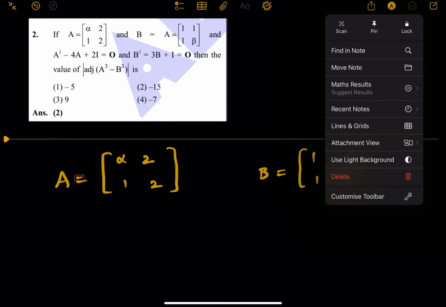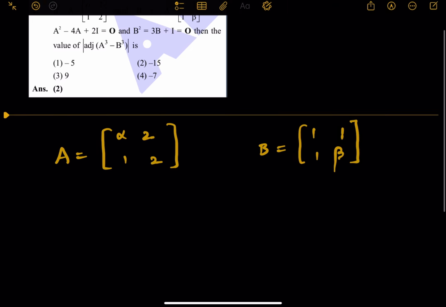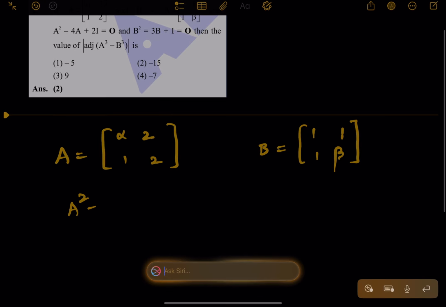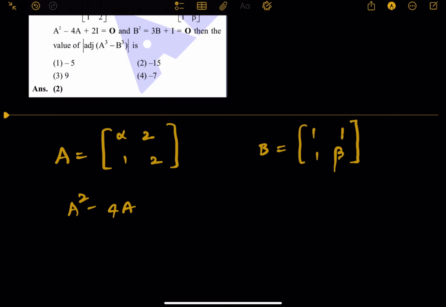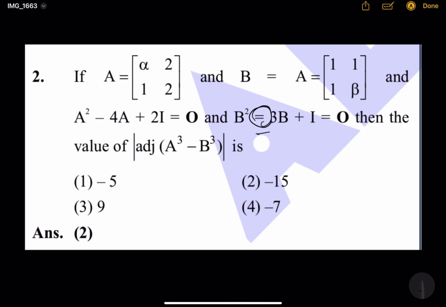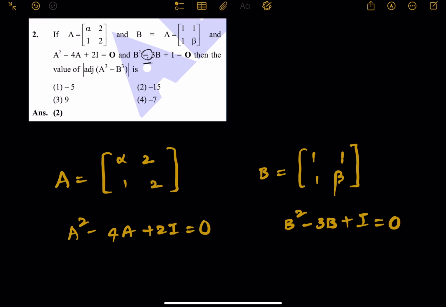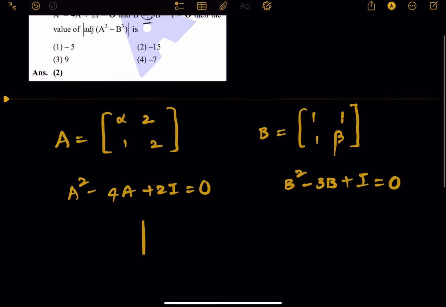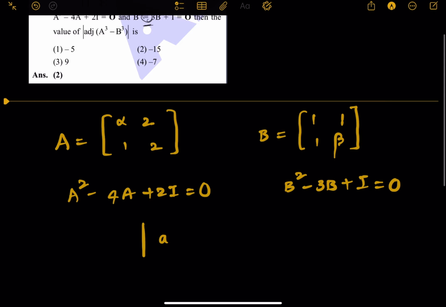Now it is given that A square minus 4A plus 2I is equal to 0, and B square minus 3B plus I is equal to 0. So this is not equal to, this is a minus sign. Then you have to find the adjoint of A cube minus B cube.